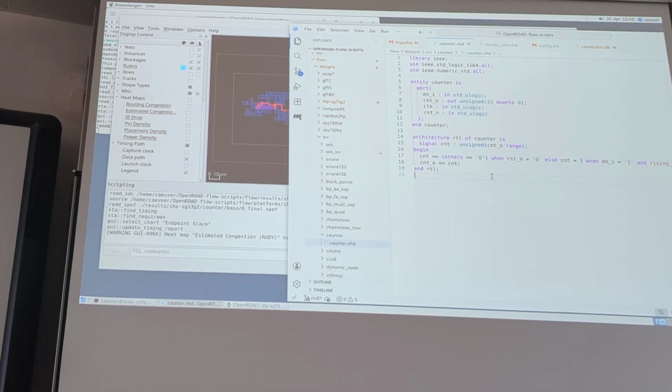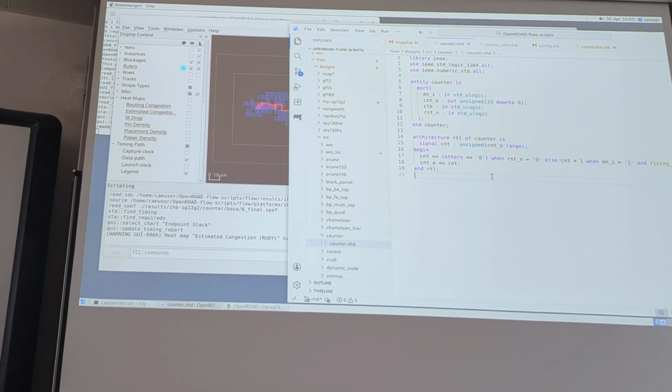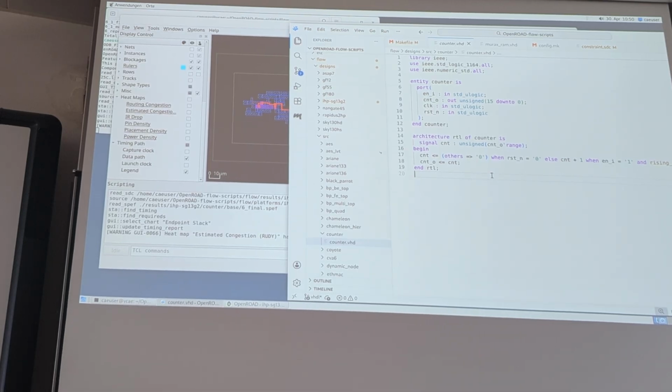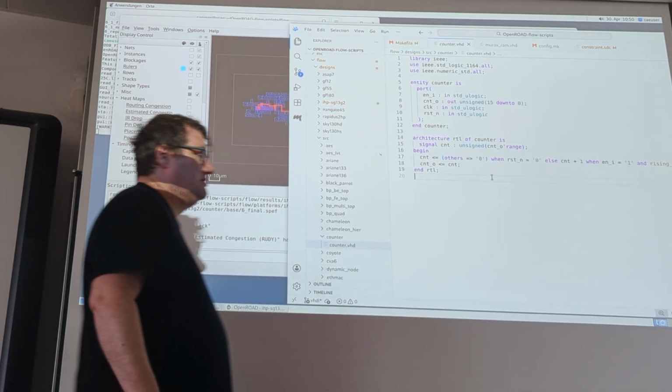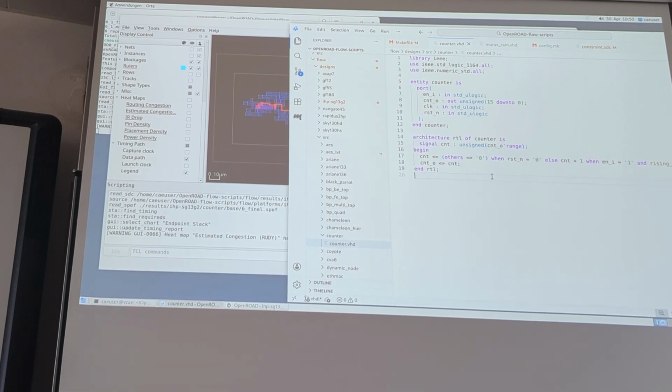Any results what the critical path is? I don't know. Is this one? Design.